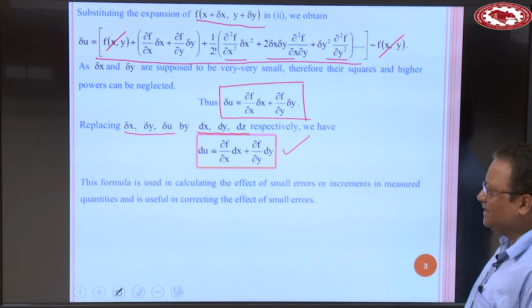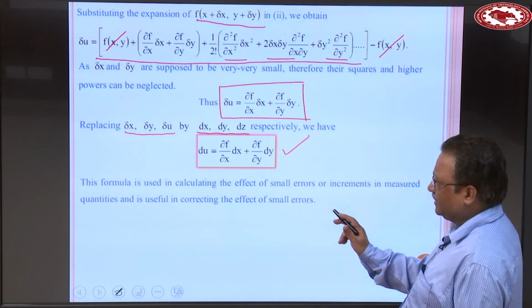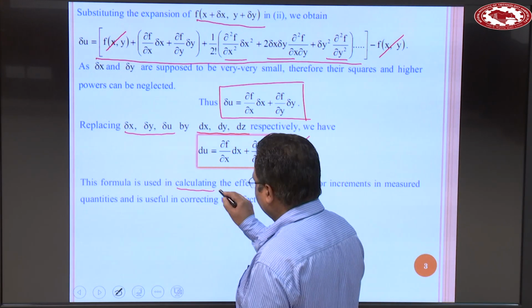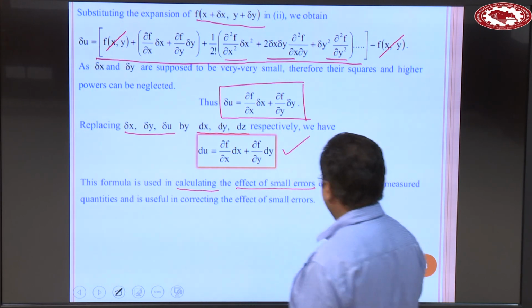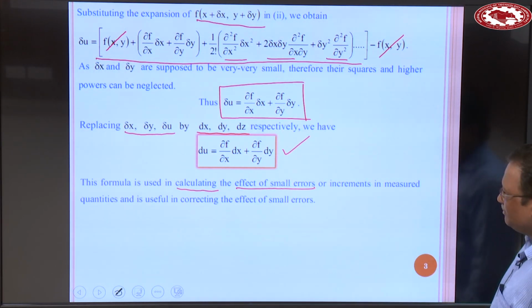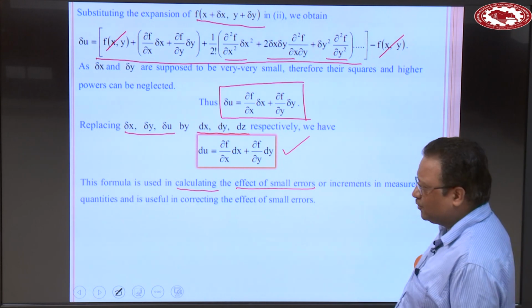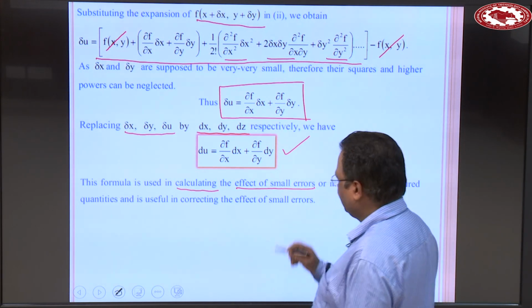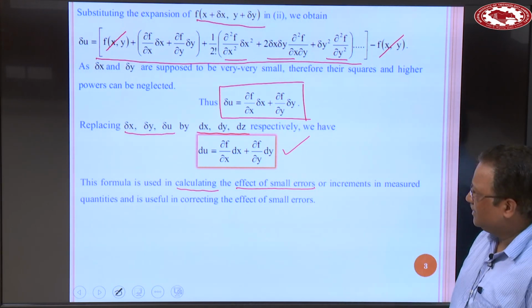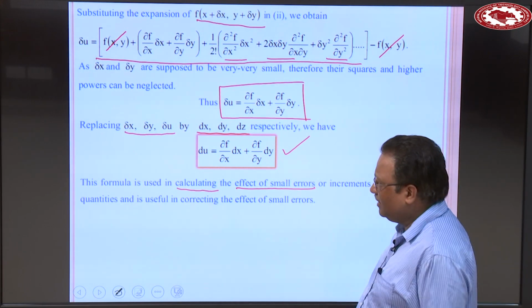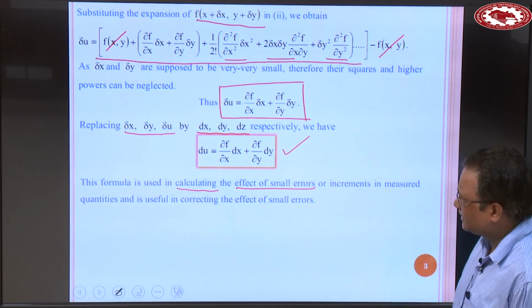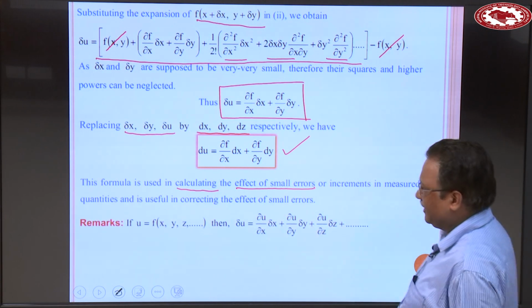So this formula is used in calculating the effect of small errors or increments in the measured quantities, and is useful in correcting the effect of small errors. Okay. So always remember this formula, du is equal to ∂f/∂x dx plus ∂f/∂y dy.